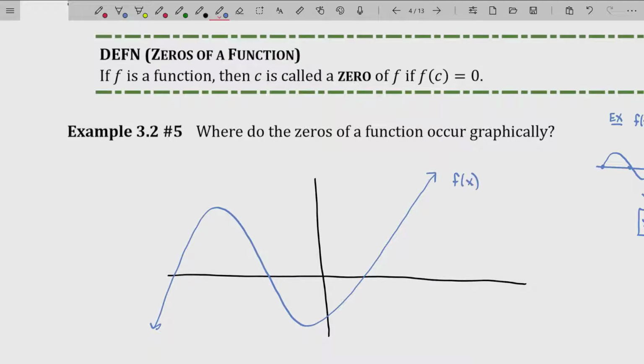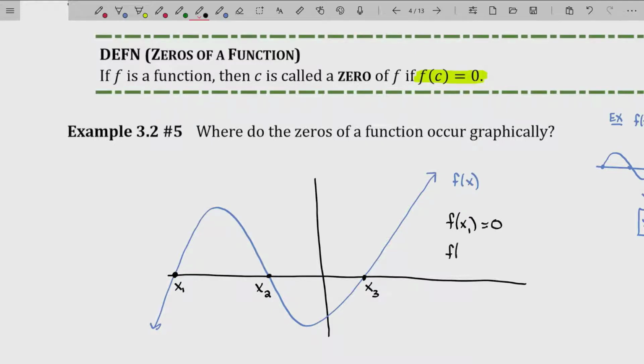We're wondering, graphically, what's the implication of a 0? By definition, a 0 is a number that you would plug in to your function to give the y value of 0. So for example, this point right here, let's call that x sub 1, the x value. Let's call this x value x sub 2, and this x value x sub 3. If you look at that function, it should make sense that when you plug in x sub 1, that will be 0.